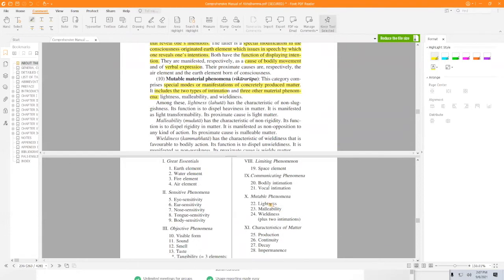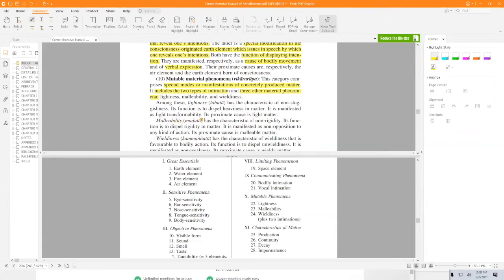And perhaps each of these is a spectrum. Maybe lightness might be a spectrum ranging from physical lightness, a kind of buoyancy of the body on one end, to heaviness of the body at the other end.